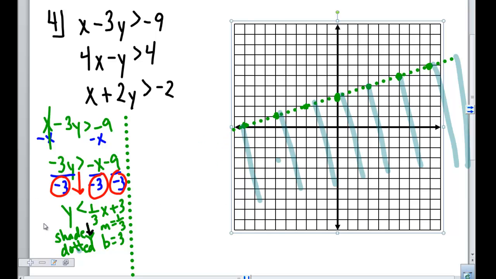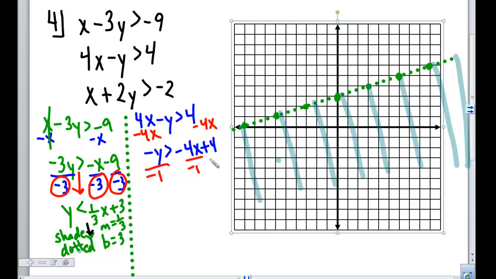Next equation. 4x minus y is greater than 4. Subtract 4x from both sides. Negative y is greater than negative 4x plus 4. Divide everything by negative 1.